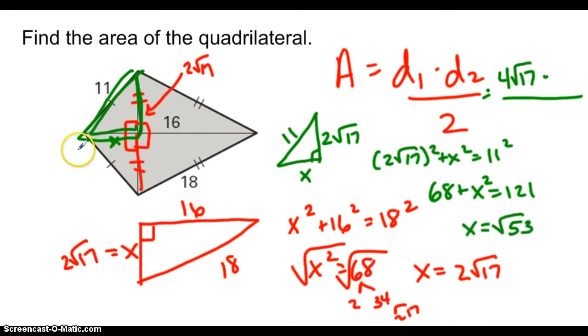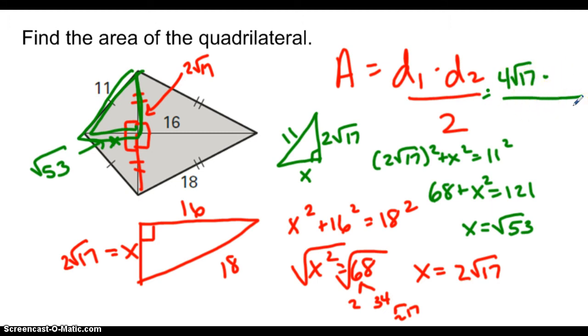Oh yeah, this is an ugly one. If we wanted to find the length of this diagonal, we would have to add the square root of 53 plus 16. That can't be done because that's a radical plus a whole number, so we're going to go back to approximating.